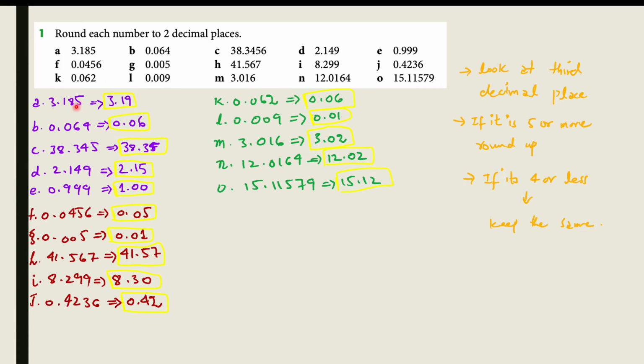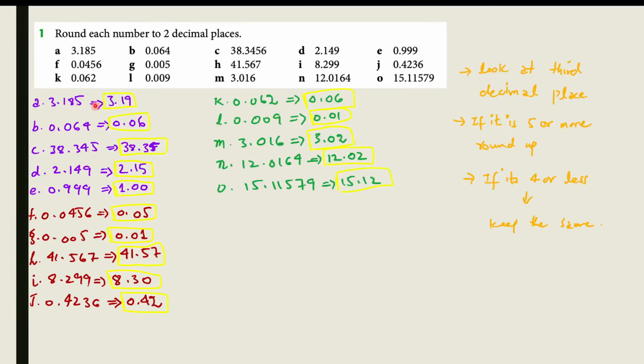If this number is 5 or greater, we increase the second decimal place by 1. If it is less than 5, let's say 4, 3, 2 or 1, then it remains unchanged, and we would write 3.18 only. So this number has been rounded off to 2 decimal places.